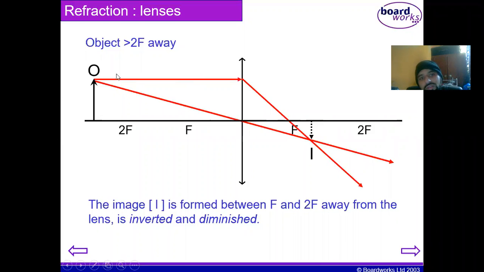So just draw these two lines. Right, make sure you write this is what happens when an object is greater than 2f away. Yeah. And then what you want to do is show that it's ending up underneath.